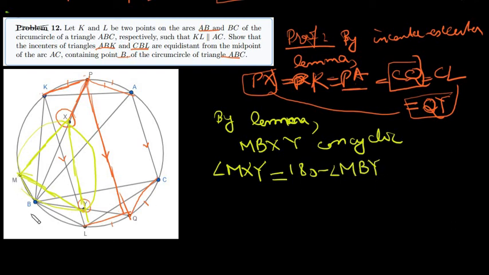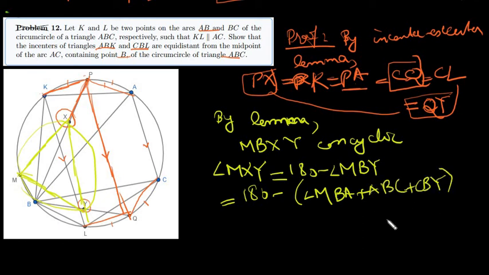But MBY, I actually kind of know how to represent this, because notice that MBY is once again 180 minus angle MBA plus angle ABY, right? Or I can actually say ABC plus CBY. But you'll see in a minute why we're doing this.